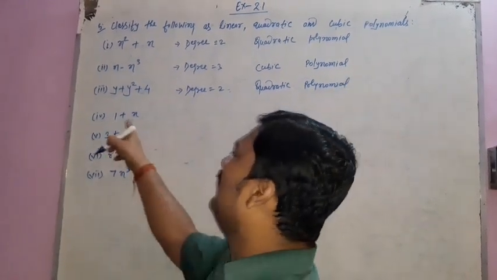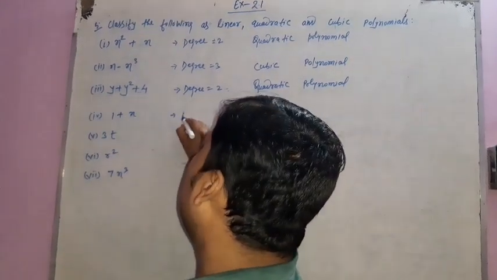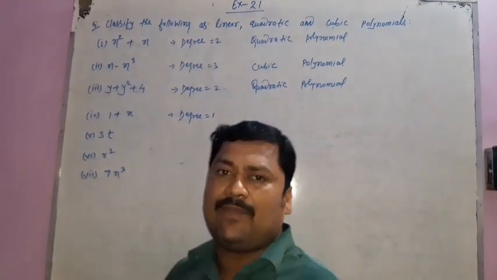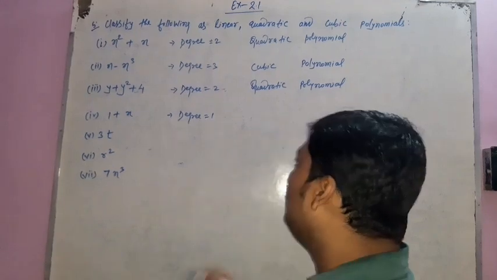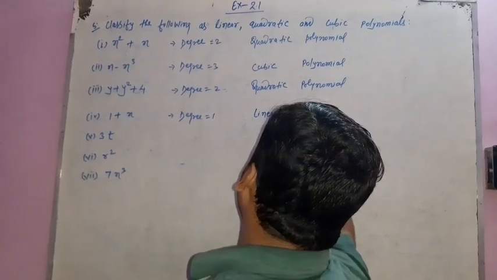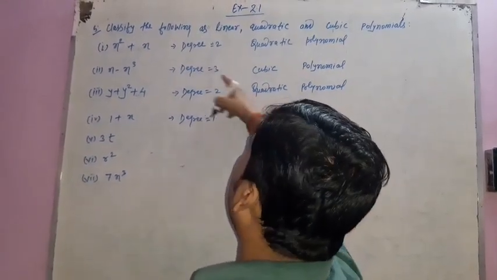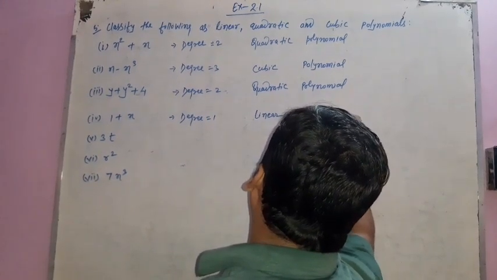Now in this, only one variable is present, and what is the degree here? 1. So if the degree of any polynomial is 1, then it is called a linear polynomial. If the degree is 1, then it is called a linear polynomial. If the degree is 2, it is called a quadratic polynomial. And if the degree is 3, then it is called a cubic polynomial.